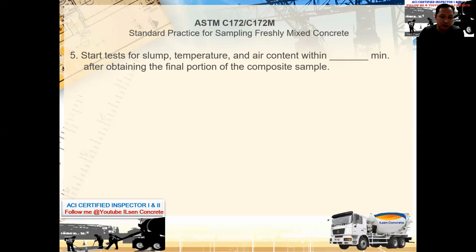That is the question. Sometimes you will see this question during the examination. I faced this question also. The answer is 5 minutes, section reference 4.1.2. Don't forget this 5 minutes answer, guys. But if you check the latest revision, maybe it changed.